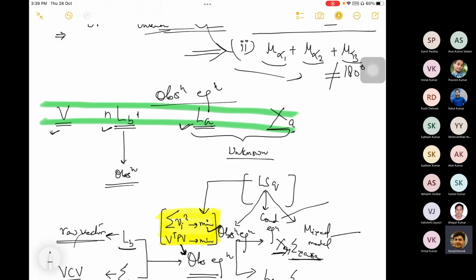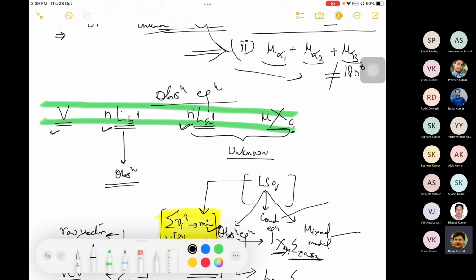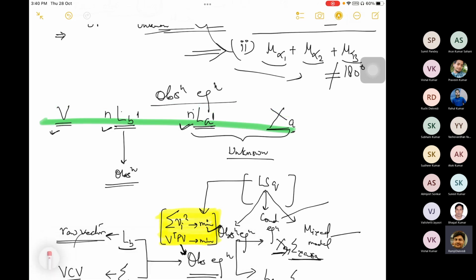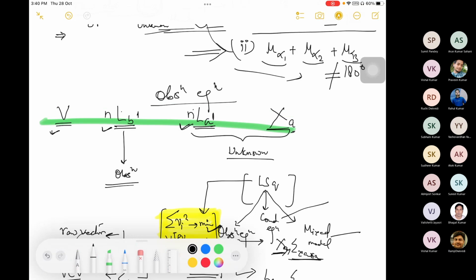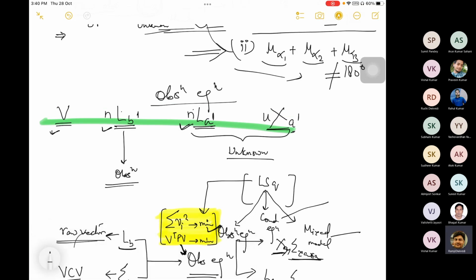That means an n vector of raw observables is available. The same is getting adjusted, so there would be no change, again n cross 1. Then the parameters would be, sorry, it is not mu, it is in fact u cross 1. It means parameter size would be u cross 1.